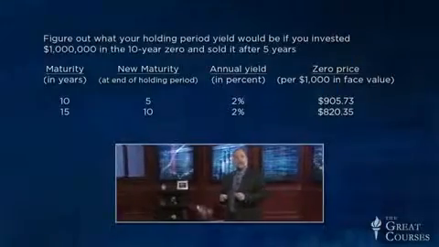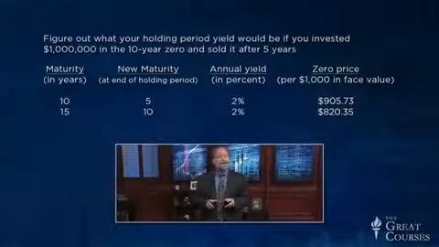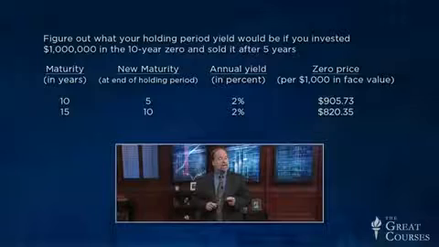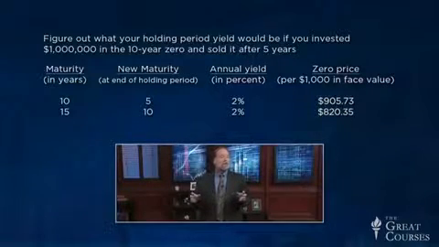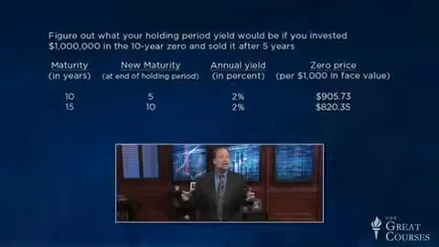For example, let's figure out what your holding period yield would be if you invested $1 million in a 10-year zero and sold it after 5 years when it's a 5-year zero. All right, the answer depends upon what happens to the yield curve over time. For reference, let's see what the holding period yield will be if the yield curve stays flat at 2%.